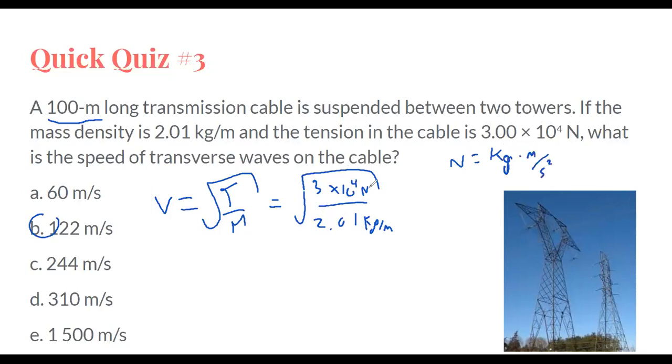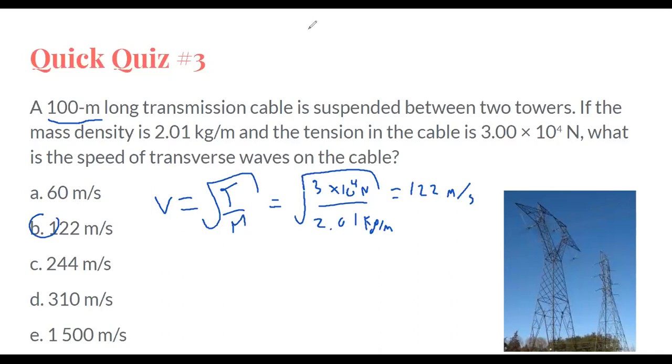So if you look at the units here, the way they cancel out, you do end up getting meters per second, which is pretty neat. If you're not sure when plugging in whether it makes sense, just look at all the units. Nonetheless, this should get you about 122 meters per second, which is pretty fast.